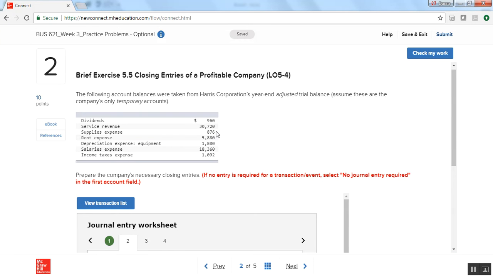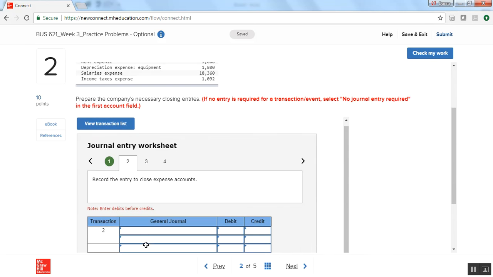So we have supplies expense of $876, plus our rent expense of $880, plus our depreciation of $1,800, plus salaries of $18,360, plus income tax of $1,092. So our total expenses are $28,008.